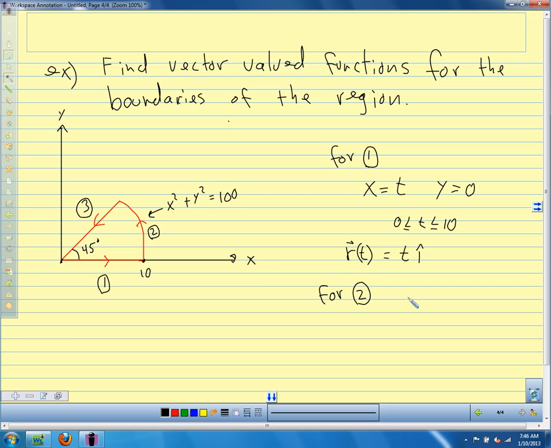Okay. And how would we translate that to rectangular coordinates? x squared plus y squared equals 100. So we have that equation.